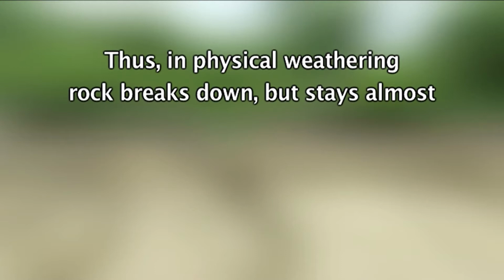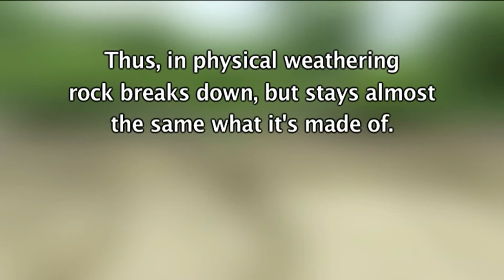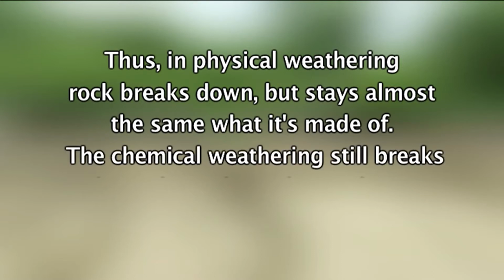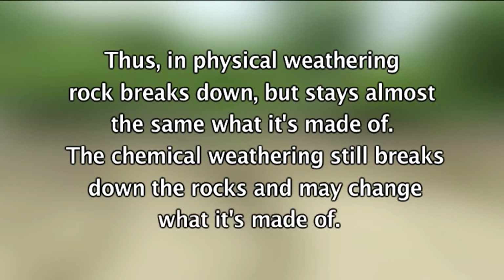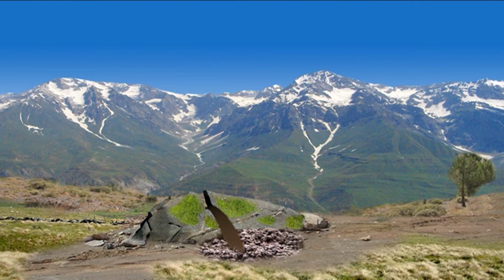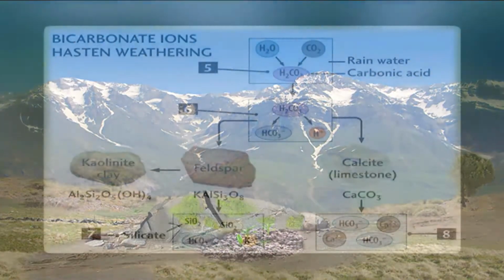Thus, in physical weathering, rock breaks down but stays almost the same in what it is made of. Chemical weathering still breaks down the rocks and may change what it is made of. For instance, a hard material may change to a soft material after chemical weathering.